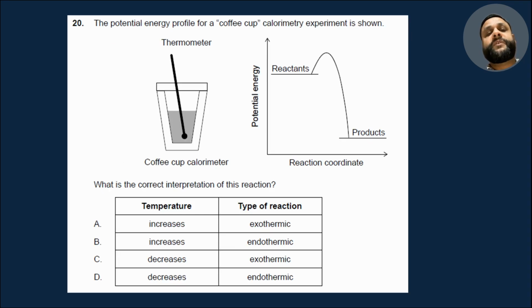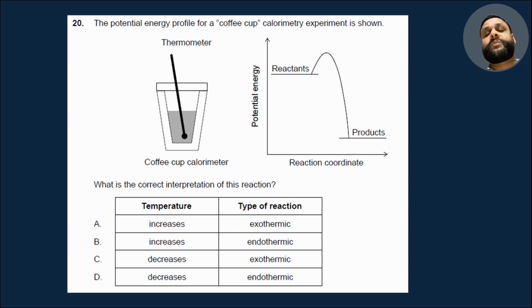The potential energy profile for a coffee cup calorimetry experiment is shown. What is the correct interpretation of this reaction? We have been given an energy profile diagram, with reaction coordinate on the x-axis and potential energy on the y-axis. We can see the reactants have higher energy compared to the products.